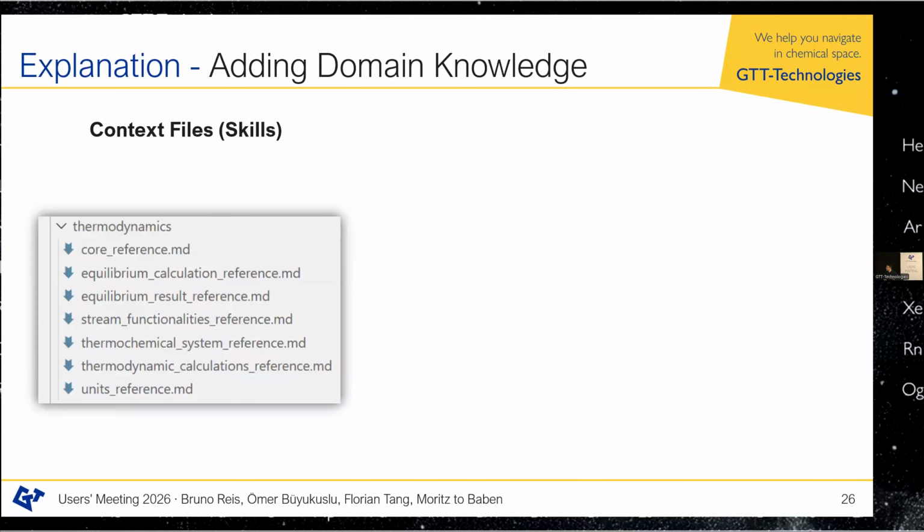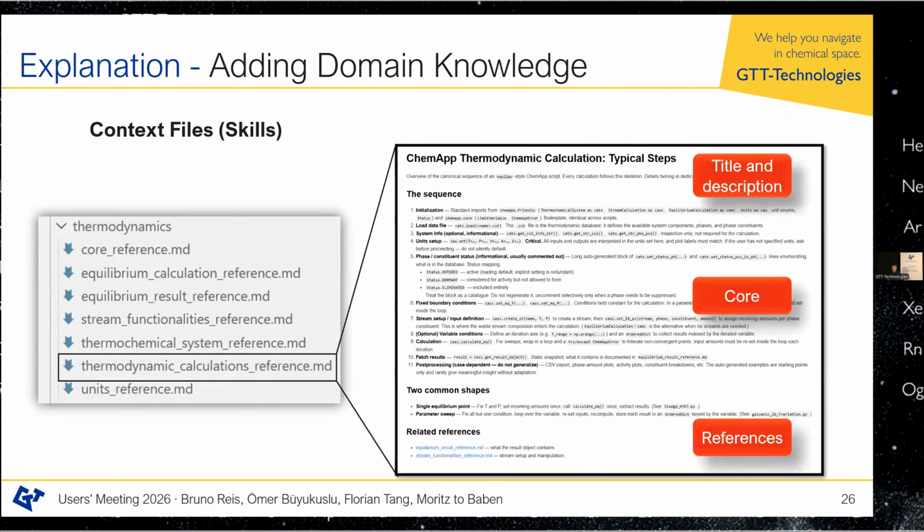How do these documents look? Bruno and I ordered them in different categories based on the needs. The agent then reads through the description of these documents. At the top, there are usually the title and description, so agents know what to read and when to read. Then such documents have a core, the information, the experience stored inside, and then references.